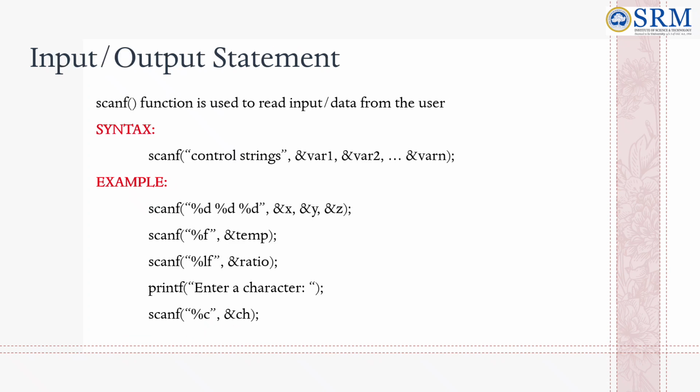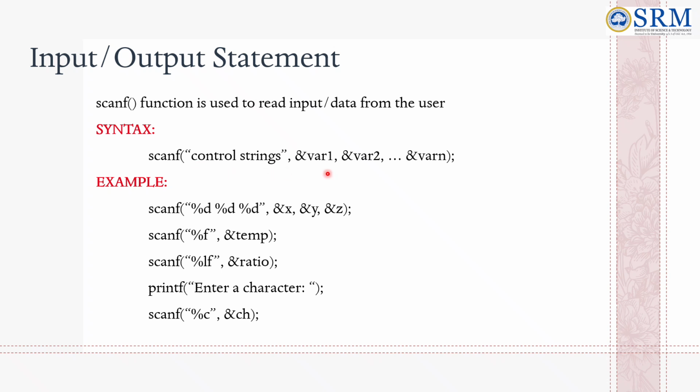So far we have seen how variables have to be declared and values have to be initialized. Now let us see how to read values in a variable using an input function. scanf is the input function used to read input or data from the user. And here is the syntax. The function name is scanf, open parenthesis and close parenthesis, and this function is terminated with semicolon.